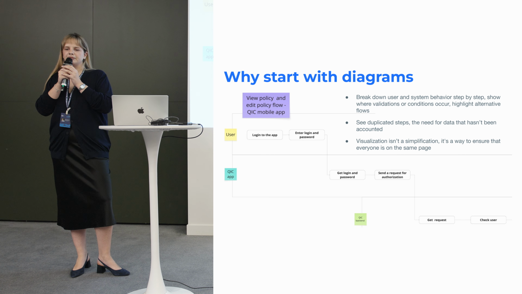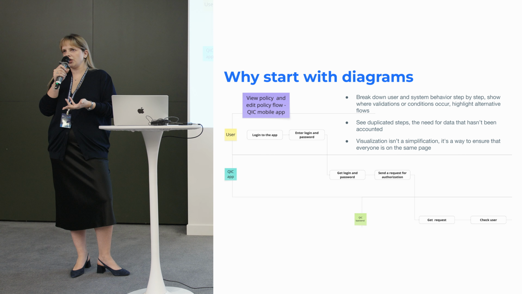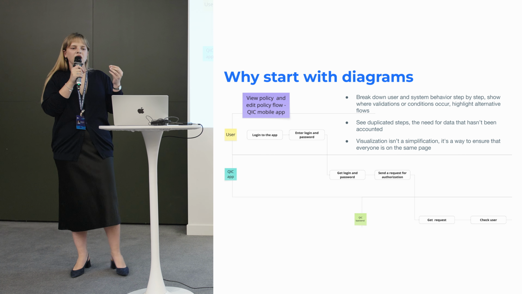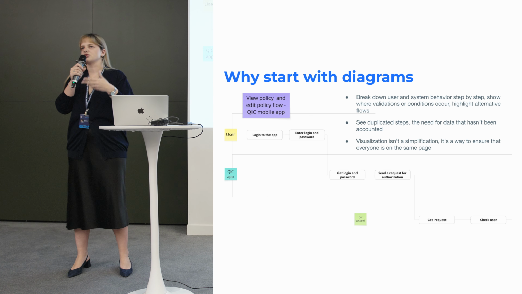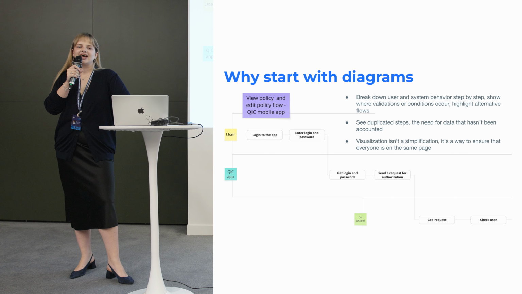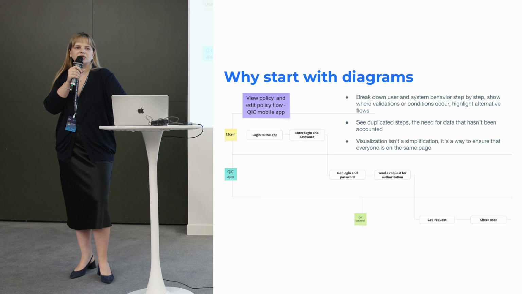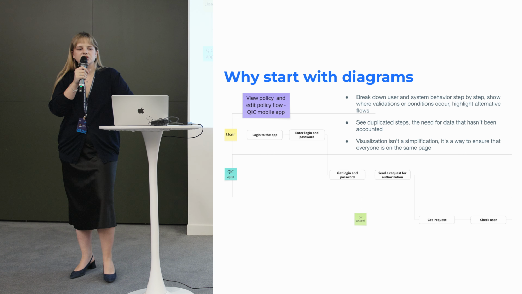The main thing is that this visualization is not a simplification, it's only a way to turn our thoughts onto paper, onto Miro in our case. It could also improve our approval processes, because sometimes we deal with non-technical people, like the finance department or legal, and it could really help and speed up your processes.